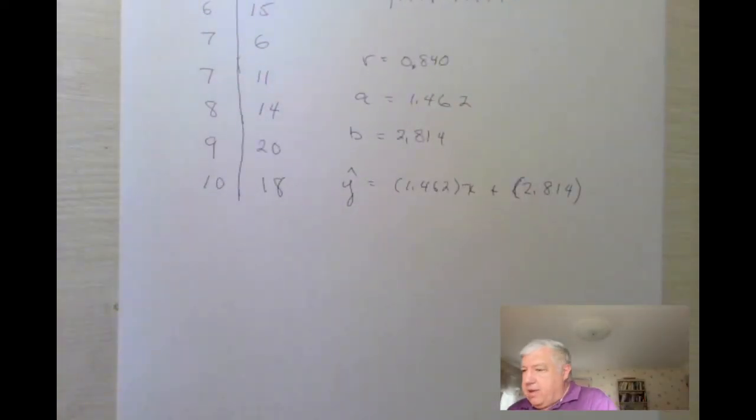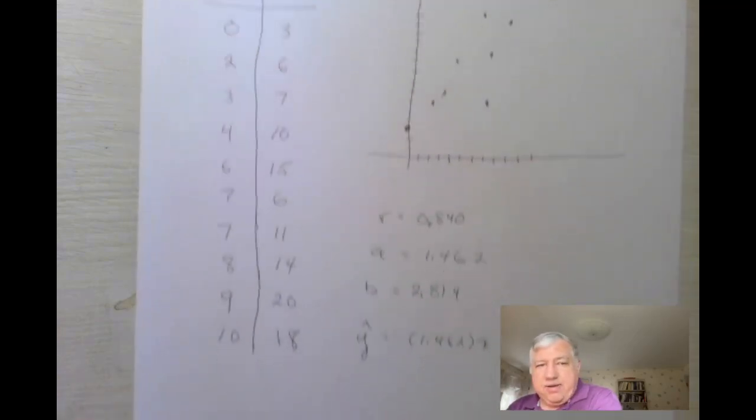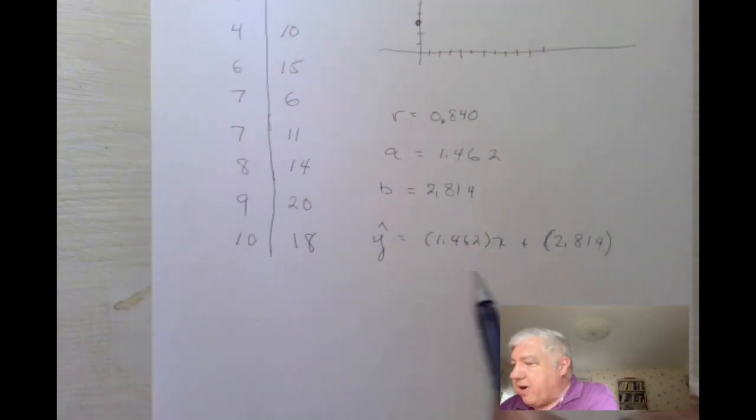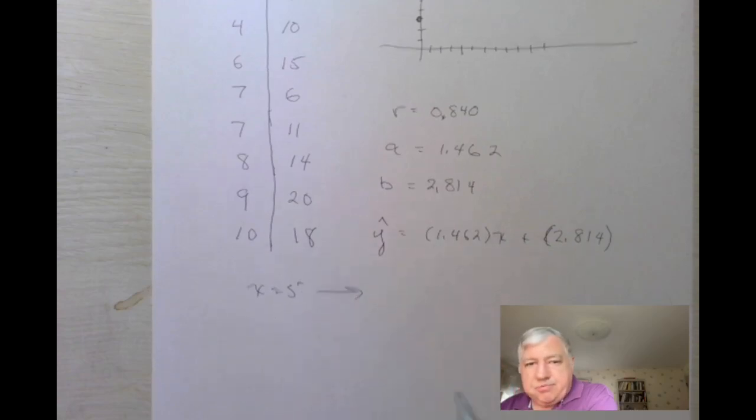Now notice that we don't have any x values for 5 here. So if we wanted to approximate what y would be if x equals 5, we would just substitute that in here.